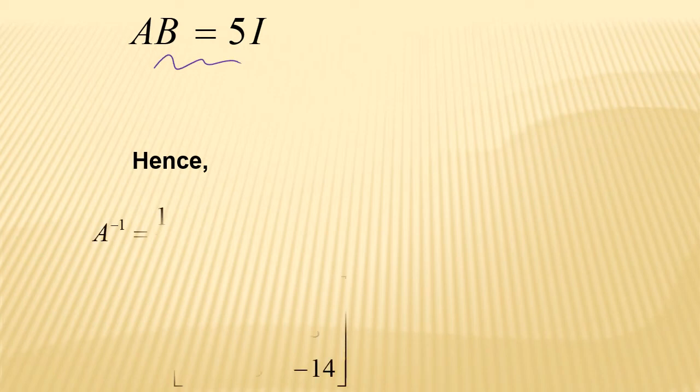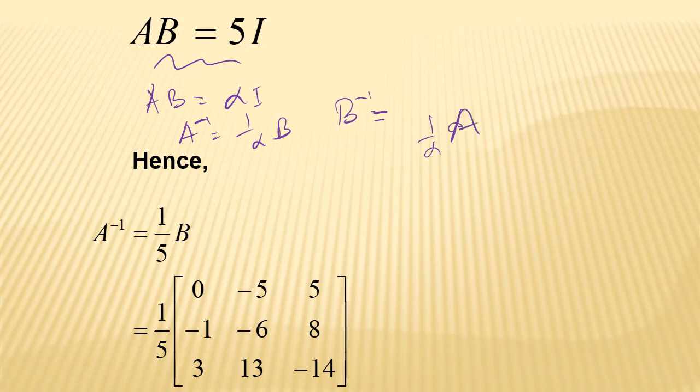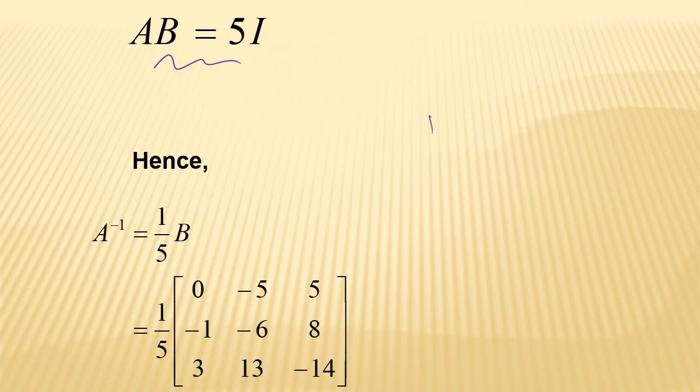Then directly we know that A inverse is equal to 1 over 5 B. Remember, AB is equal to alpha I, then A inverse equals 1 over alpha B, and B inverse equals 1 over alpha A. So what is A inverse? We just have to multiply 1 over 5 with B, multiplying each element with 1 over 5.